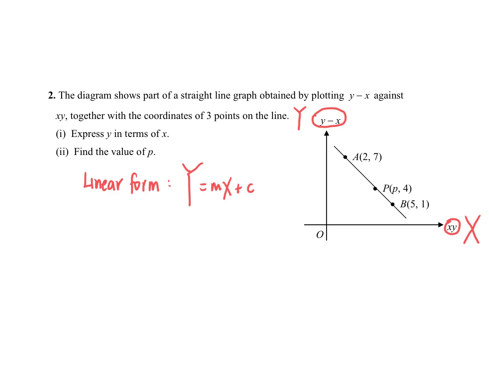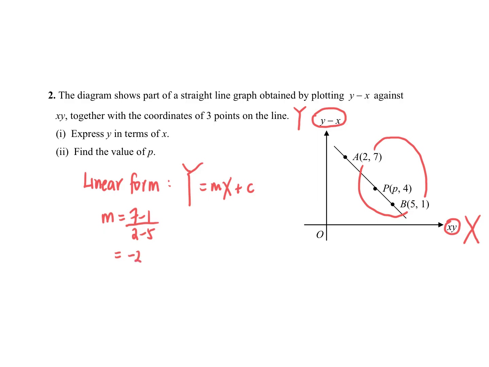Pretend that they don't exist. Looking at this line, I want to find the gradient. I will just take any two points that I know and find the gradient: y2 minus y1 over x2 minus x1. It's negative 2. So I know my gradient already.